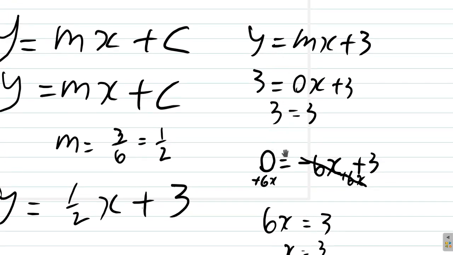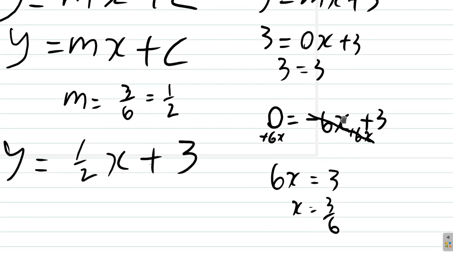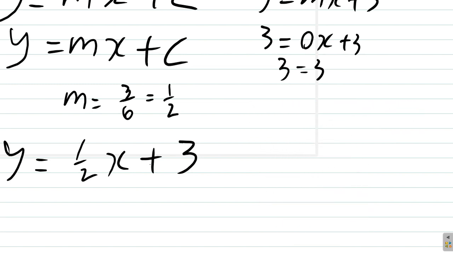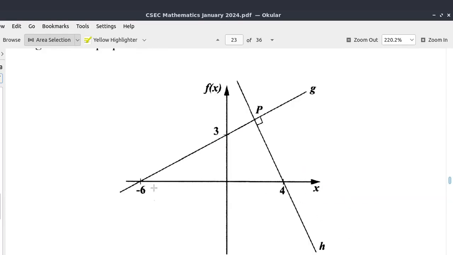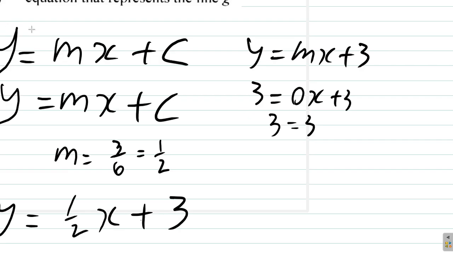My mistake, I put the negative 6 on the x. That was a mistake. This is when x is negative 6 and y is 0. Let me do that part again. x is negative 6, y is 0. 0 is equal to m times negative 6 plus 3. That's what I should have had.